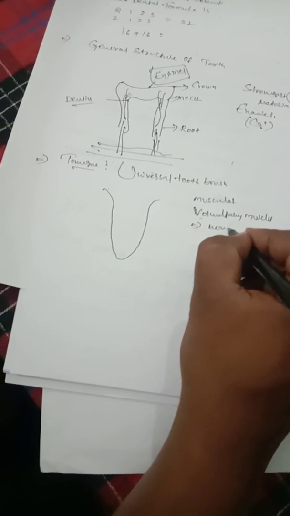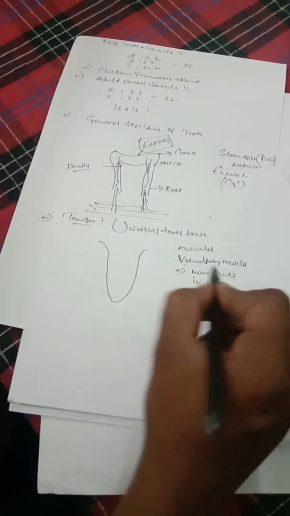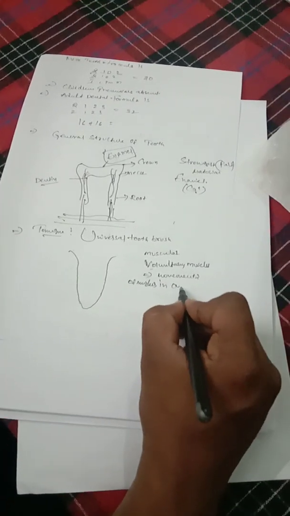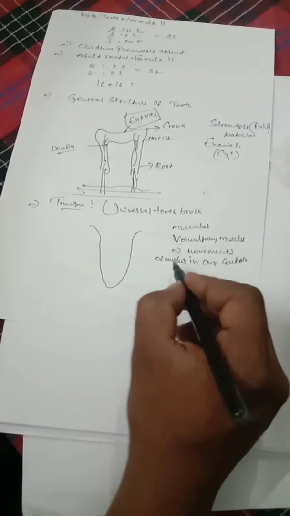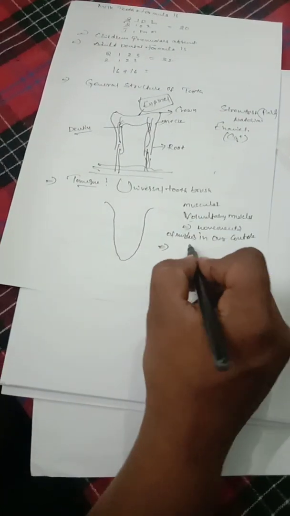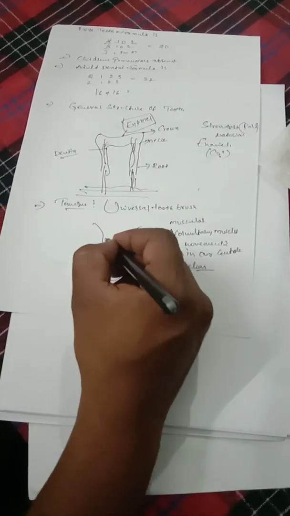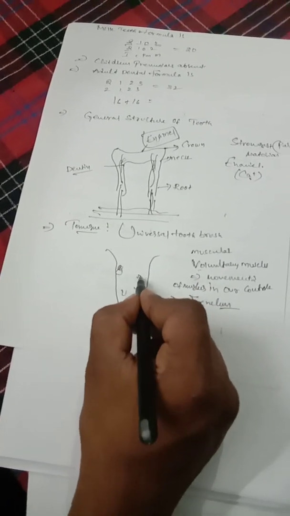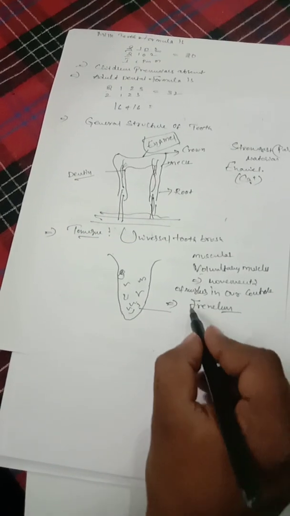The movement of muscles is in our control. How is the tongue attached in the buccal cavity? There is one structure called the frenulum. On the tongue you know very well different types of structures are there.